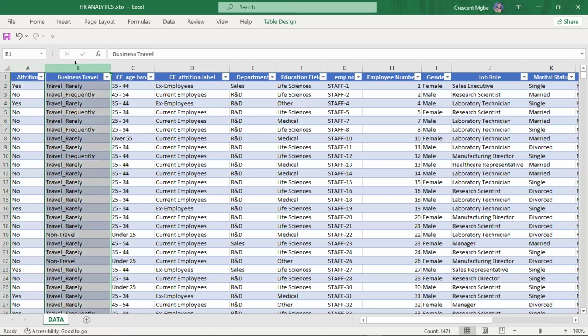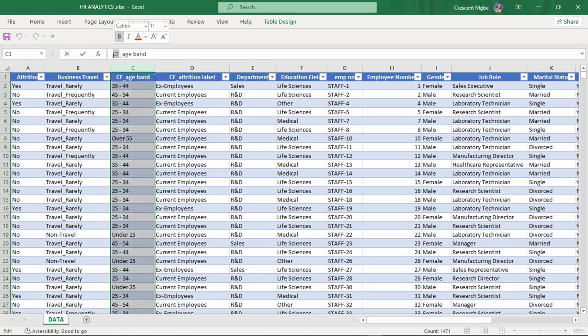Then business travel. Do these people travel really? Each of these staff you're considering, how often do they travel over this period of time that we are considering? That's what this second column talks about. And the third column talks about the age range. So we assume that the name of the organization is CF. The age band simply means that this company has grouped their employees into some number of ages.